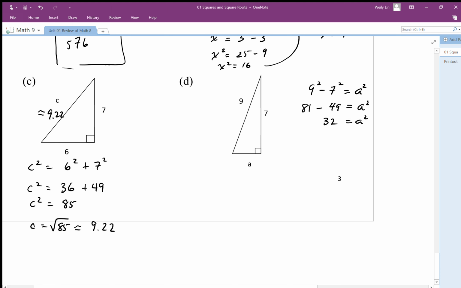Okay, so 81 minus 49 is 32, and then if I want to find out the length of a, there's 32 squares in here, so I square root. So again, area to side length is square rooting, and that is approximately equal to 5.656, so I'm going to round that to 5.66.